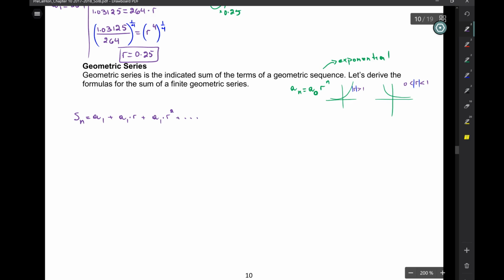Going down the line, the very last term, a_n, we said was a_1 r to the n minus 1. What's the term right before that? n minus 2.